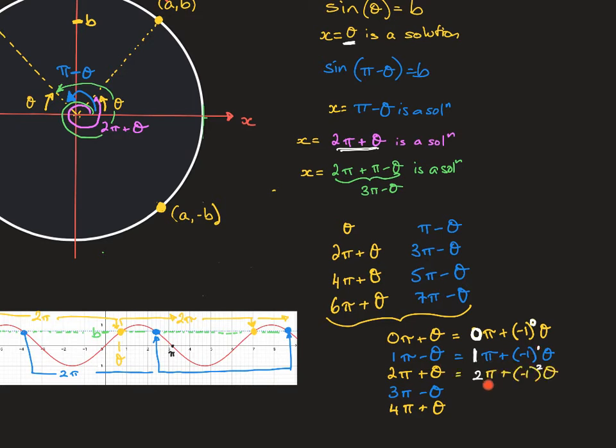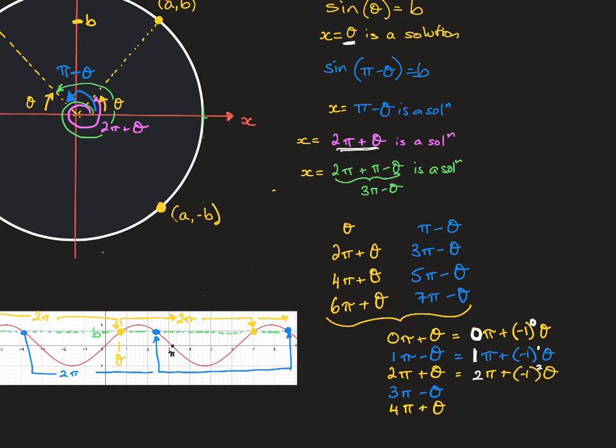So we have 2 pi, which is what we need. We need a positive value here, and minus 1 squared, minus 1 times minus 1 makes positive 1, plus positive 1 is still just a positive, and our theta value. You can see the pattern that we're starting to get here.